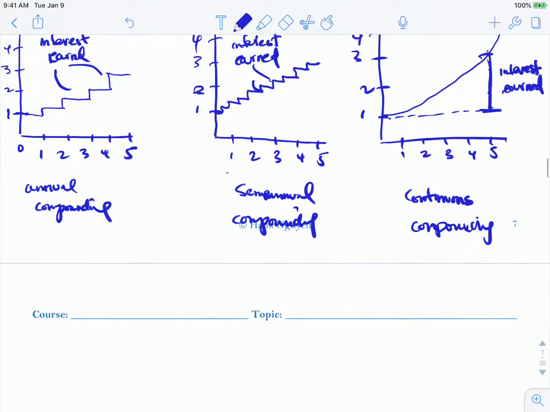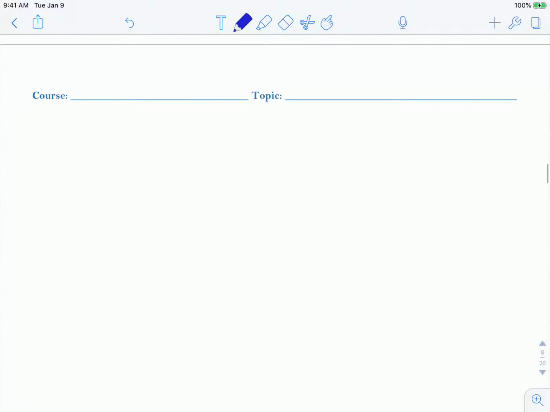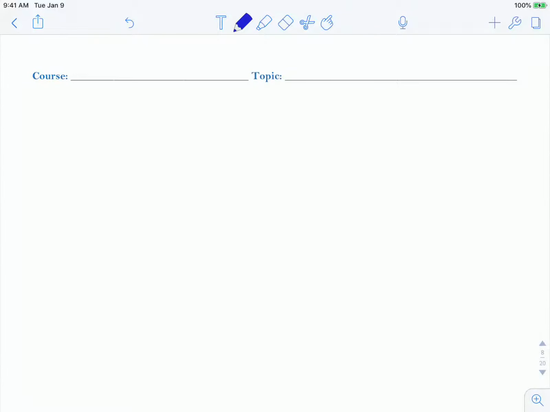So let's take an example. What's the present value with continuous compounding?